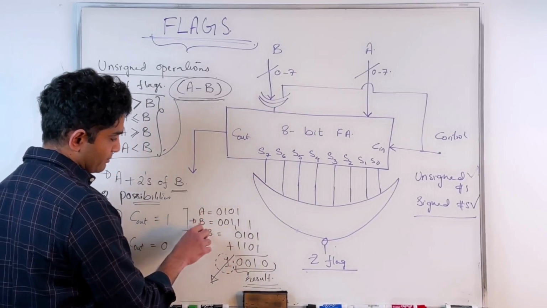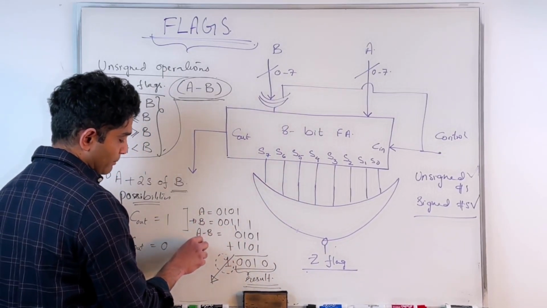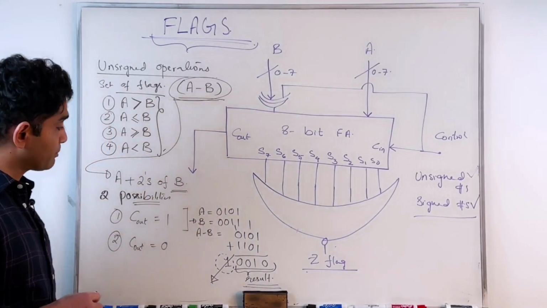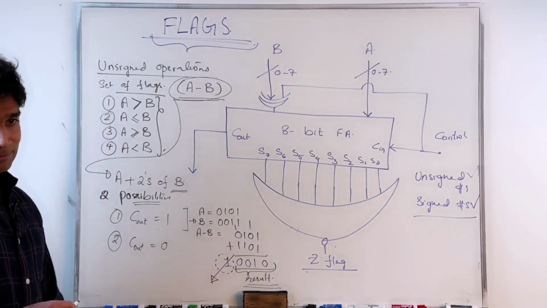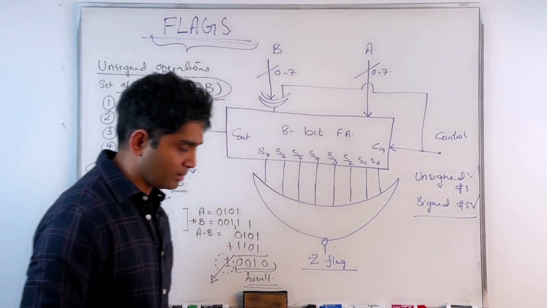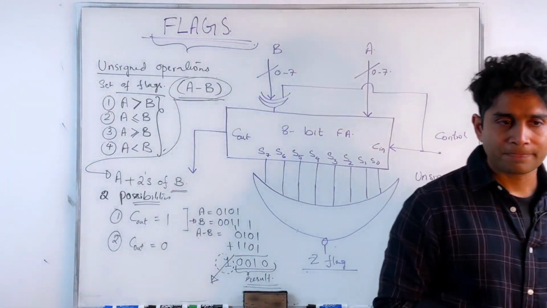So when A is larger than B, when I perform A minus B operation using the 2's complement approach, I produce an end carry. And we have proven this, right?